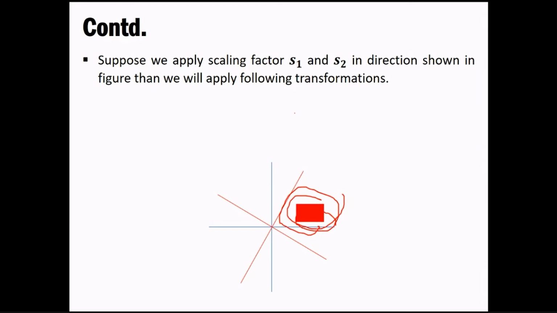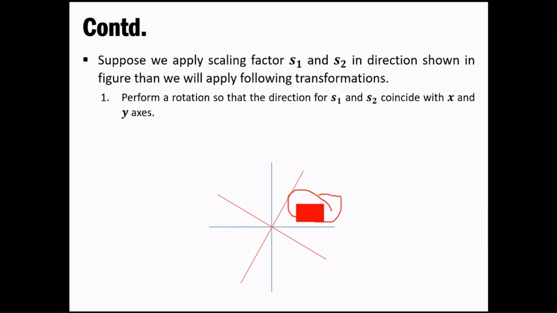So if you want to perform the scaling in this direction, first you rotate the object so that it coincides with the x and y axis, as given over here. Once you coincide this with the origin, you perform the rotation over here.